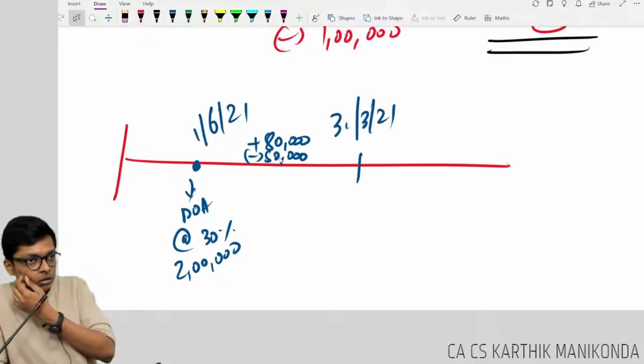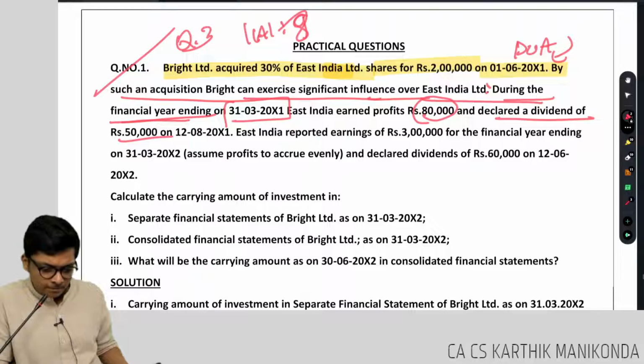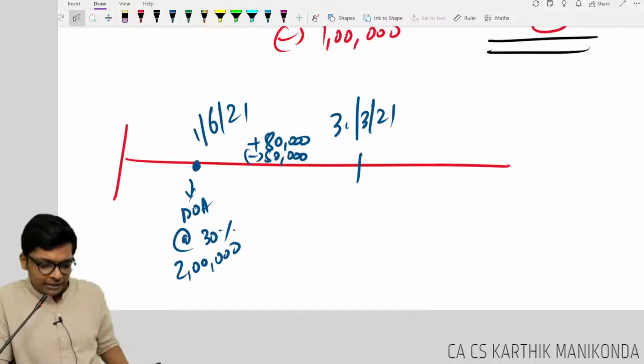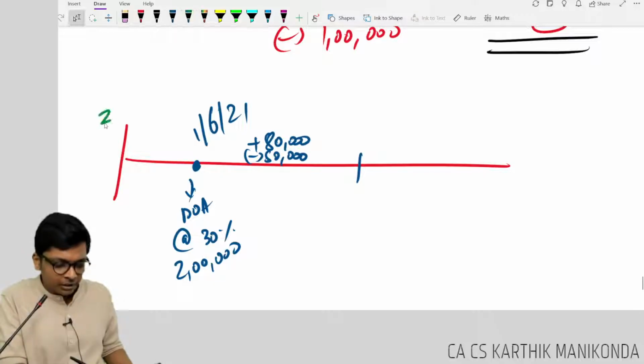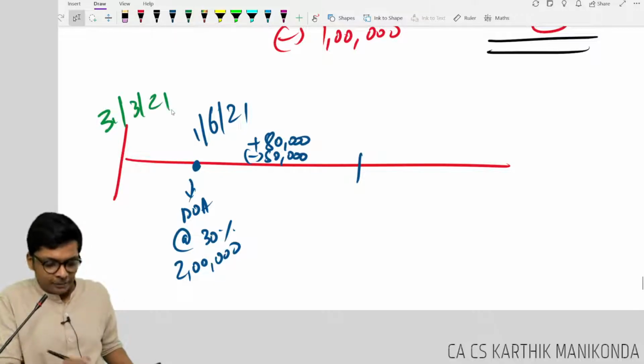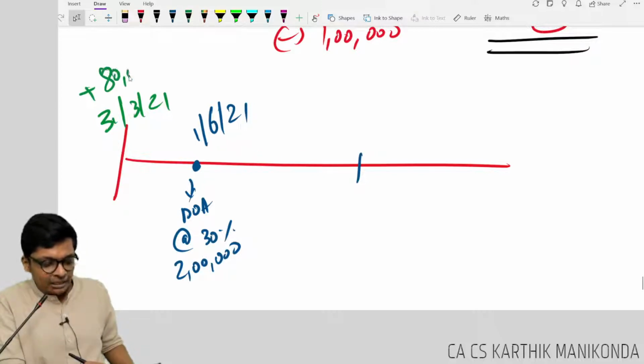Yes, Rahul. Correct. You are right. So this will come here. Correct. 31st March 2021. You are absolutely right. Add profits how much, guys? 80,000. Dividend is 50.